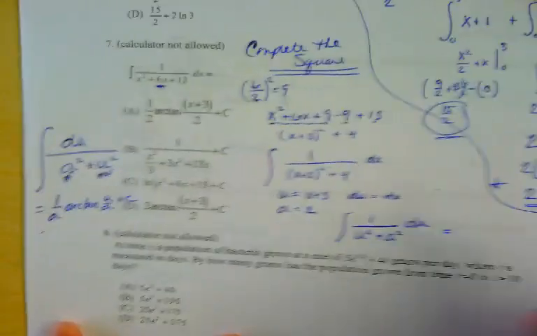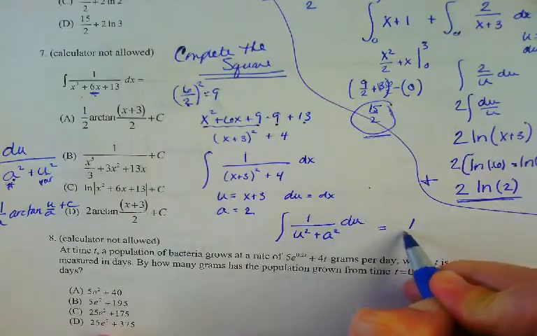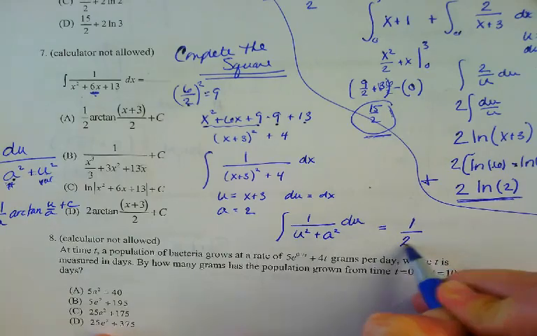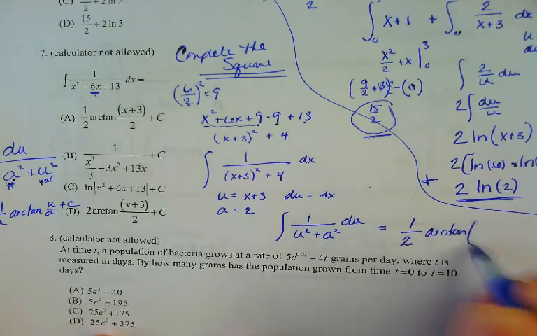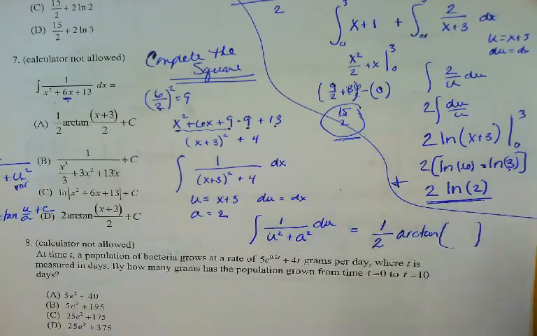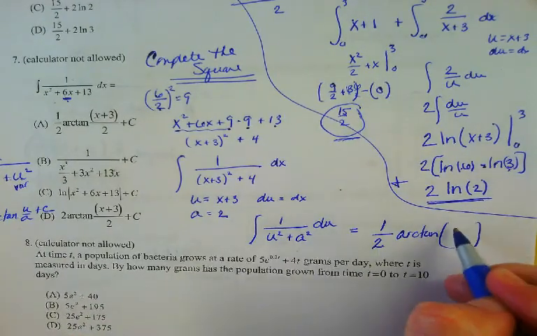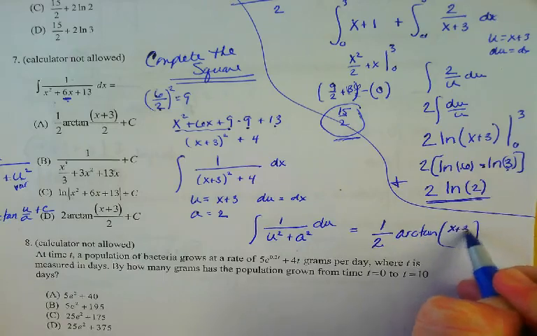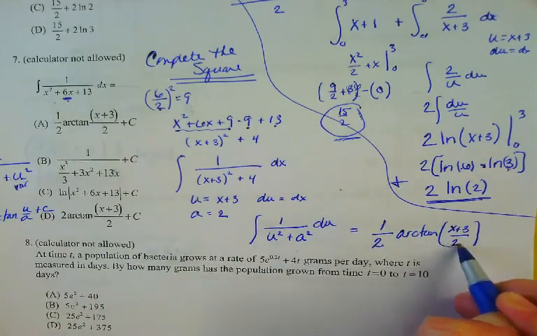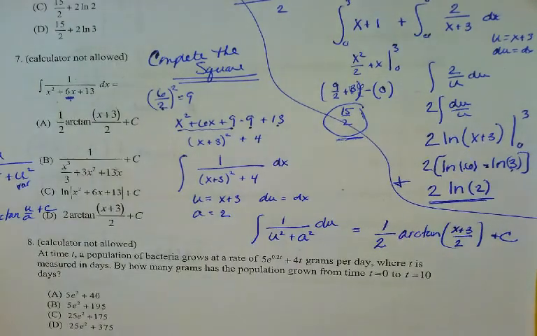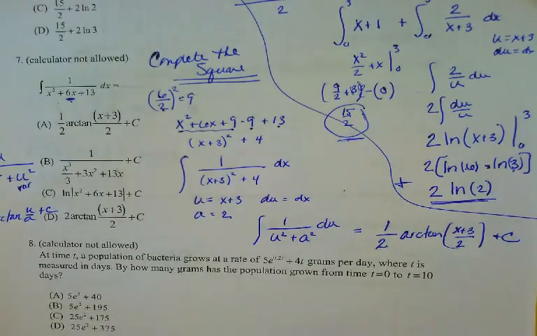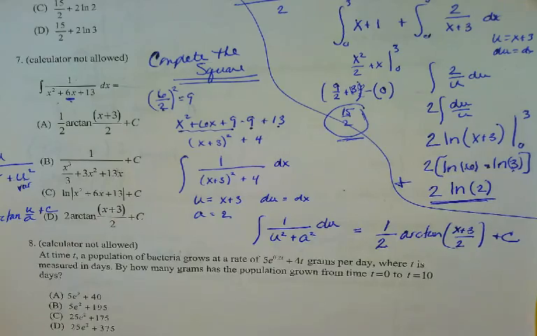So what I'm going to get here is 1 over a, which is 1 over 2 arctan, and now it's whatever my u is over my a. Our u was x plus 3 over my a of 2 plus c. Okay.